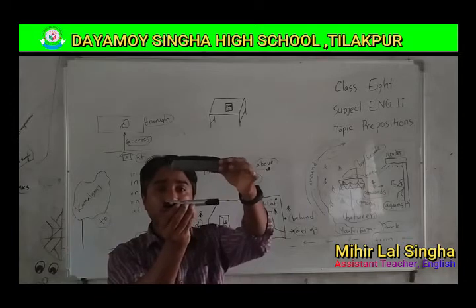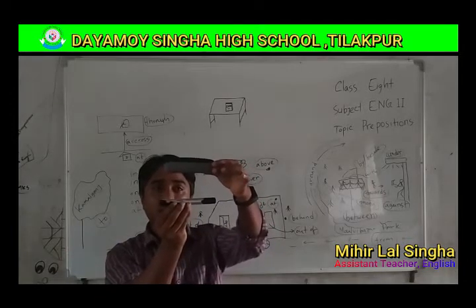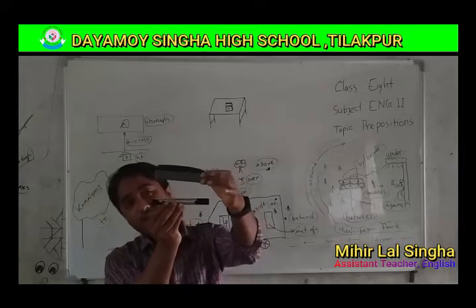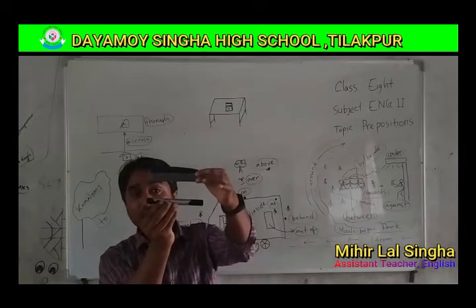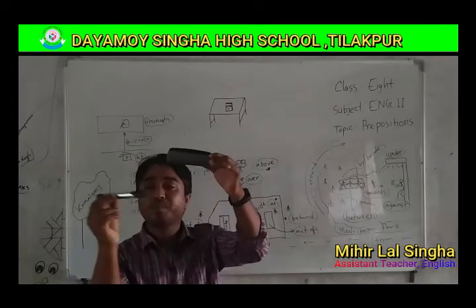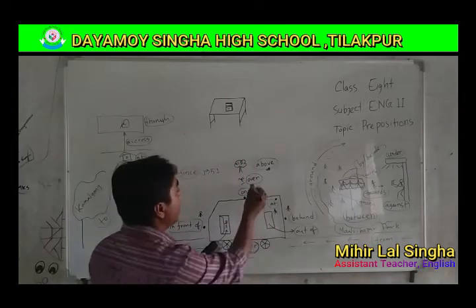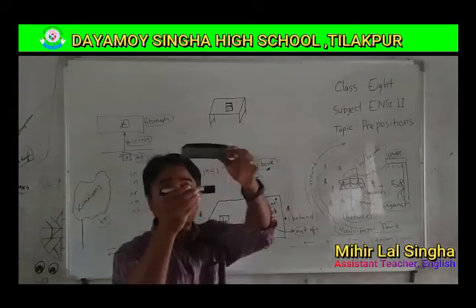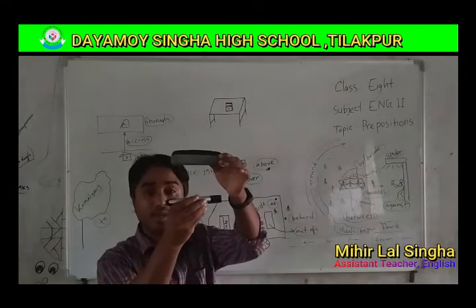Now what do we use, above or over? Obviously above. We can write over also here. Why? Because the duster has covered the marker. So over is used when there is a movement or when something covers something.